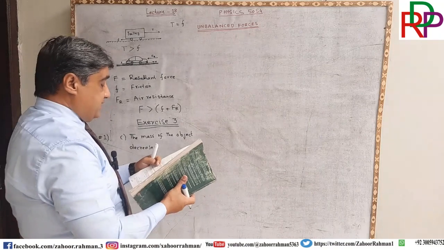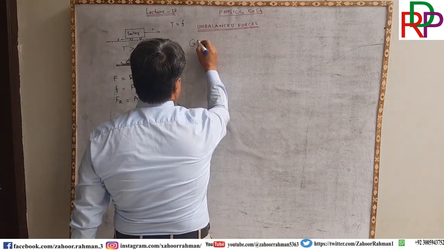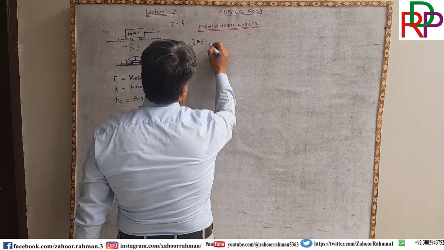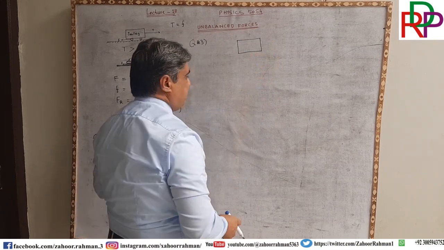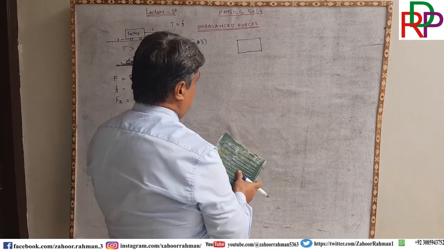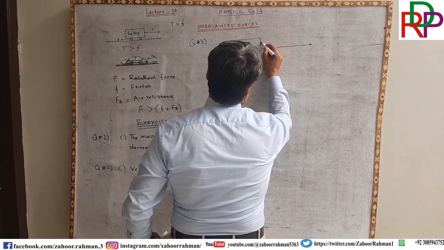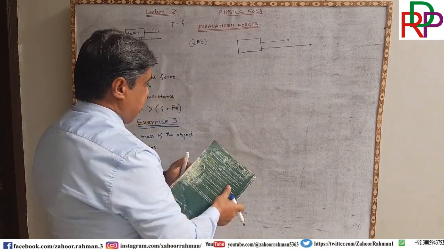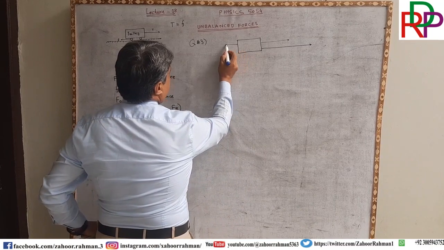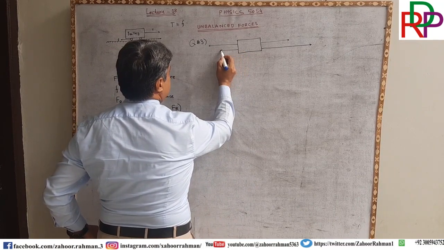Now, question number 3 has given us a diagram in which there is a block of wood on which two forces are acting in the right direction and two forces are acting in the left direction, and we have to find the resultant force.